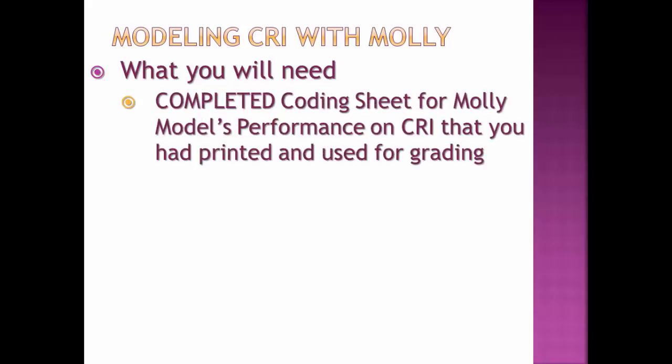You must have at your computer right now the completed coding sheet that you did on your own for every dimension of Molly's performance on the CRI. You jotted down notes on the sheet in the right-hand column to explain problem areas. Try to get into Molly's thinking.